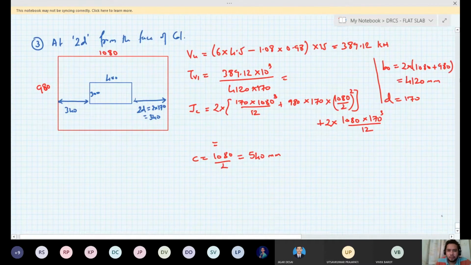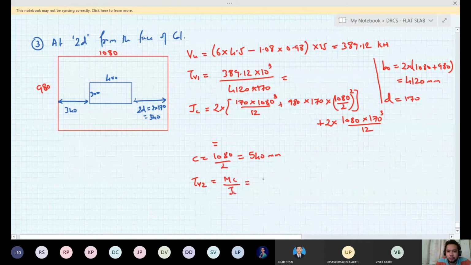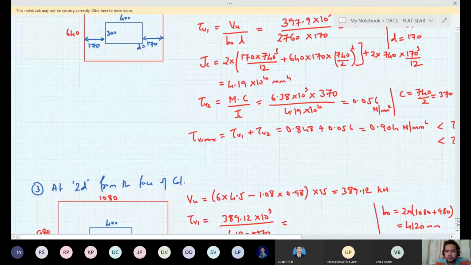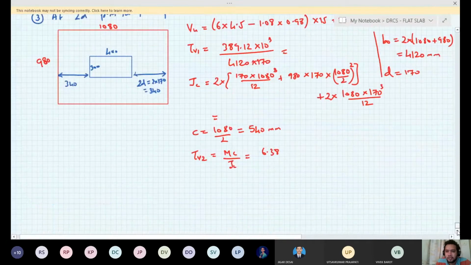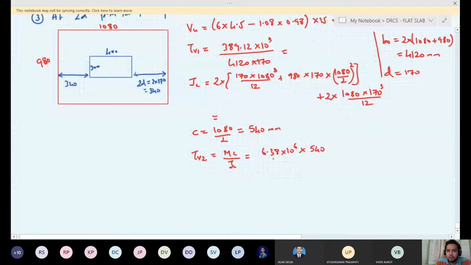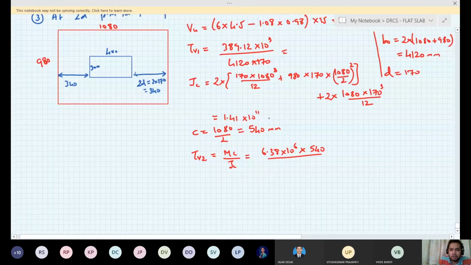And you can find tau v2 is equal to Mc by Jc, that is moment is 6.38, same as the earlier. Unbalanced moment shared by the shear times 10 to the power 6 into c, that is 540, divided by Jc. This Jc value will be 1.41 into 10 to the power 11 mm raised to 4.